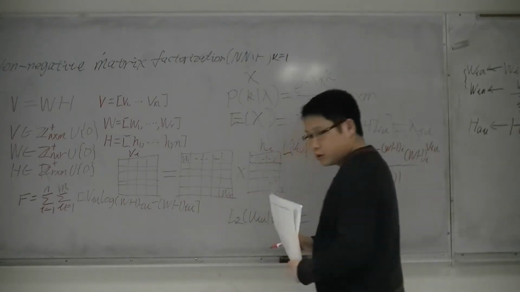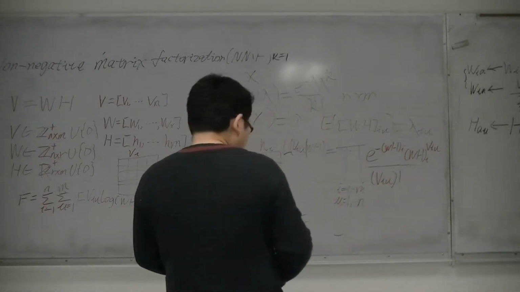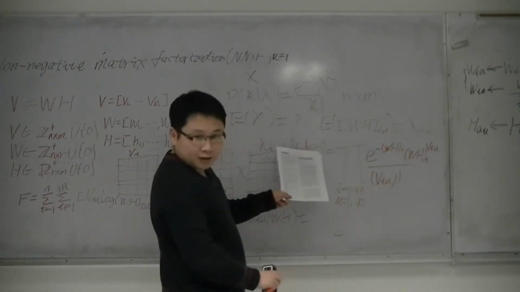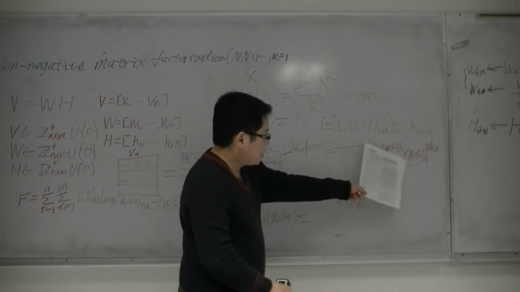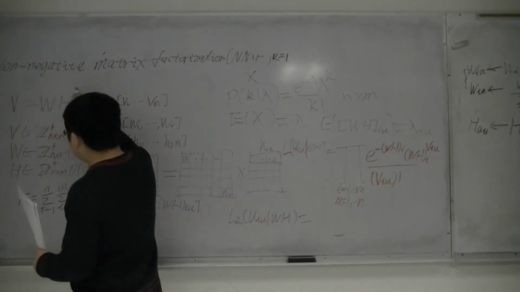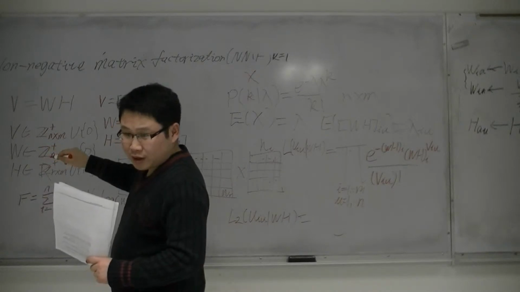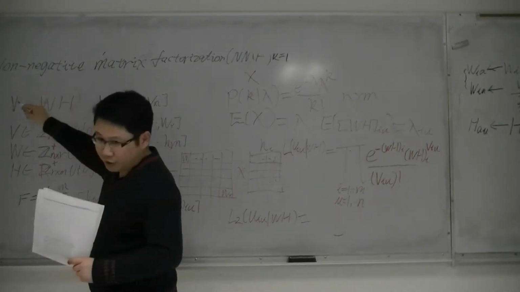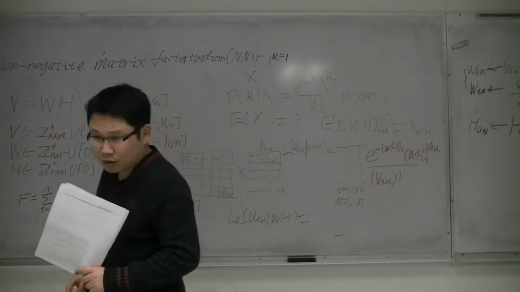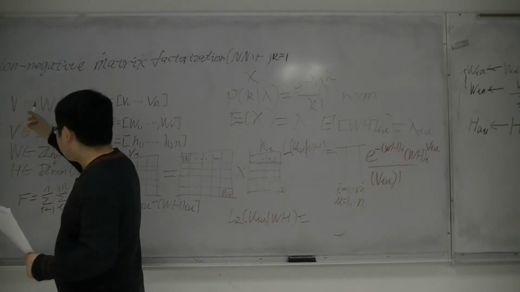What's your WHi? I guess you need to write WHi, you missed the i. For example, this matrix, just this multiplied matrix element here, every element in this matrix. Each element we will use this to estimate.